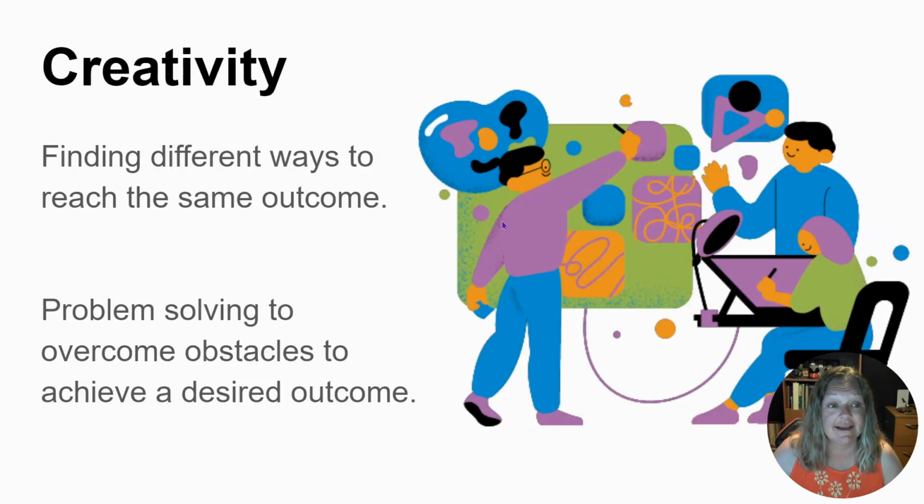Creativity, as I say, is finding different ways to reach the same outcome, problem solving to overcome obstacles to achieve a desired outcome. Just thinking of things in new ways is the simplest way to think of creativity.